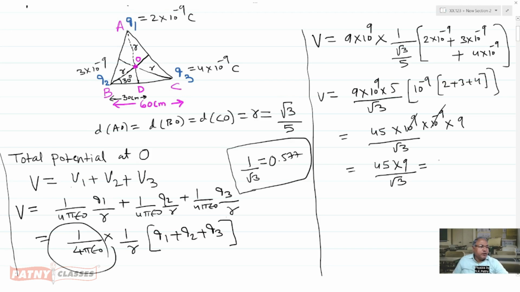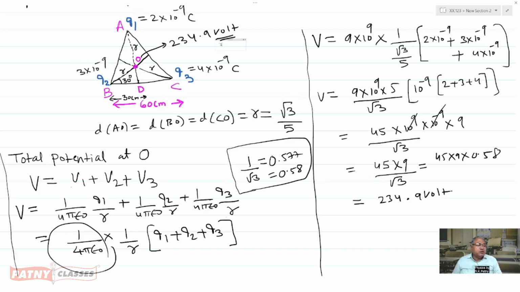Here is a trick: 1 upon root 3 equals 0.577, so approximately 0.58. You learn this value, 1 upon root 3 equals 0.58. So 45 into 9 into 0.58 is equivalent to 234.9 volt. Therefore electric potential at the point O is nothing but 234.9 volt. This is the required solution.